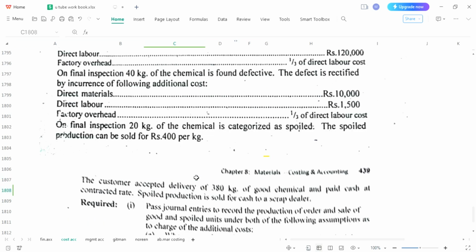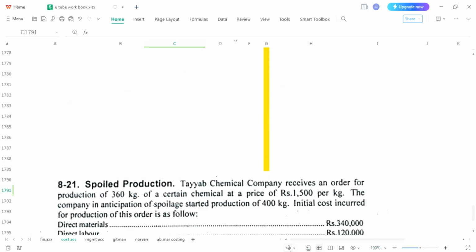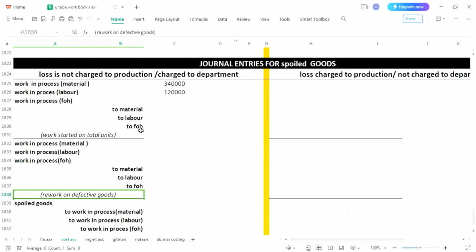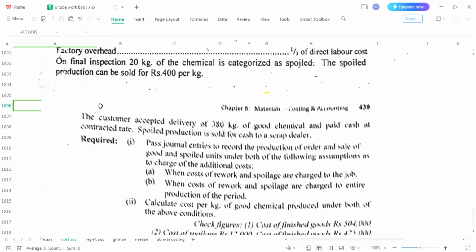Let's see what is next. As you can see, here we have factory overhead, which is 1/3 of labor cost. To calculate it, we will use our calculations. Labor is 120,000, and you need to take 1/3.